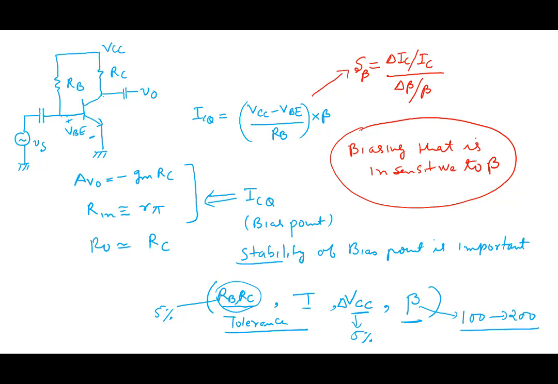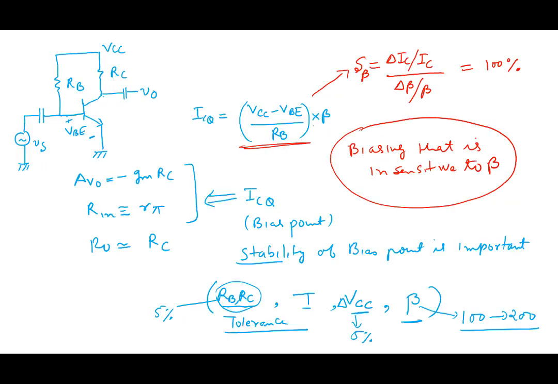It's easy for you to see that the sensitivity is 1 here, or 100%. You can easily take this expression, delta IC by IC, derive it and show that the sensitivity is 100%. So it's a very sensitive circuit to any variations in beta. So we want a circuit which is better than this.